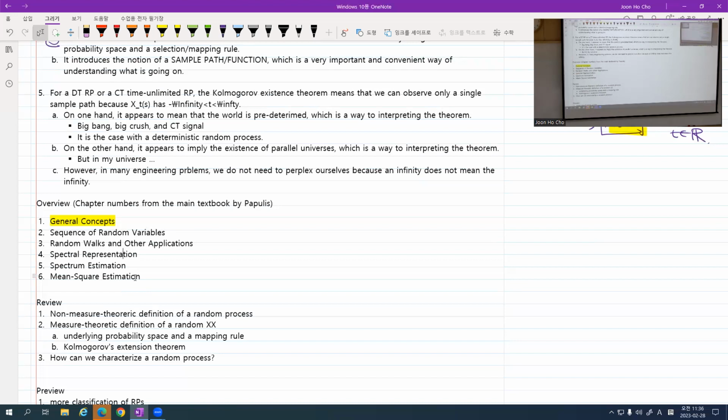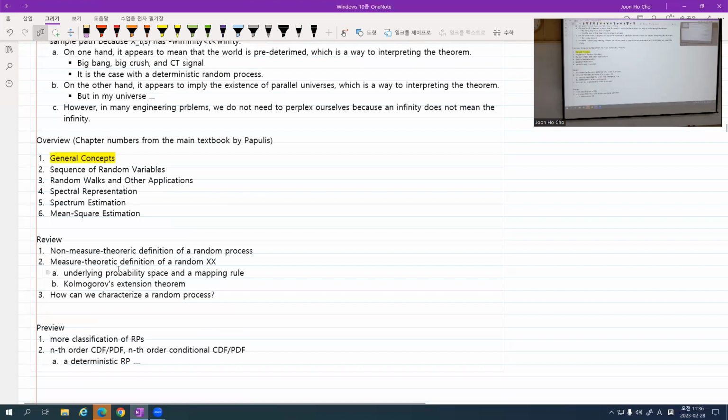Got it? Okay, review. Non-measure-theoretic definition of random processes we mentioned in the first class meeting, and measure-theoretic definition of random processes in the second class meeting. I believe you have better knowledge now than when you came to this course.